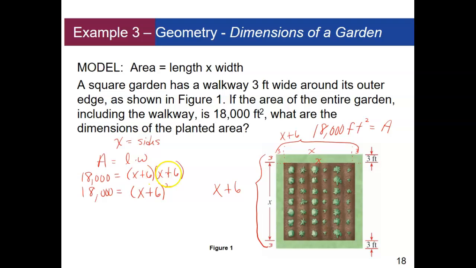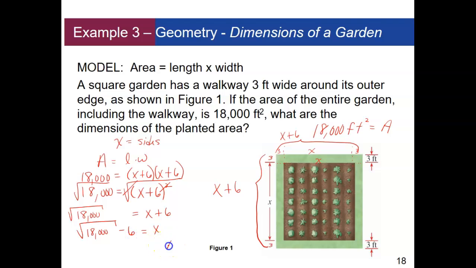If I write that as X plus 6 to the second, I can go in and take the square root of each side. So my square and my square root will cancel. We'll have X plus 6. Here we're going to have the square root of 18,000. So X is going to be the square root of 18,000 minus 6.